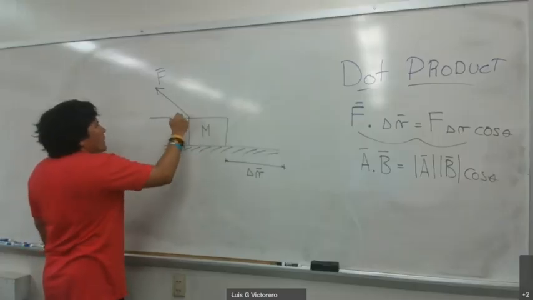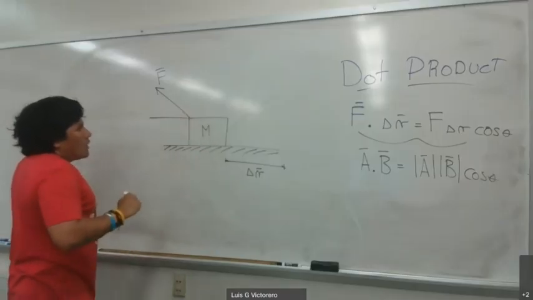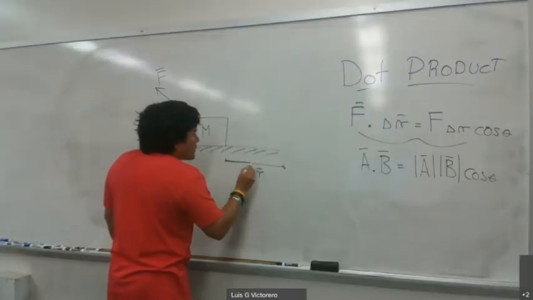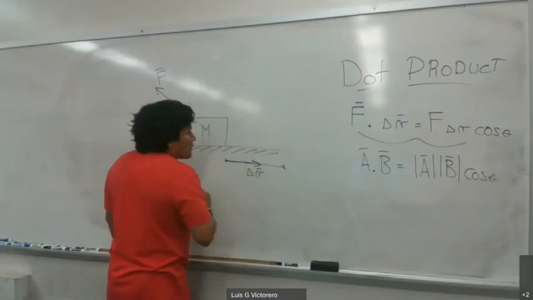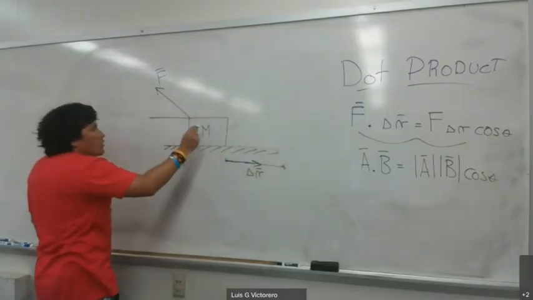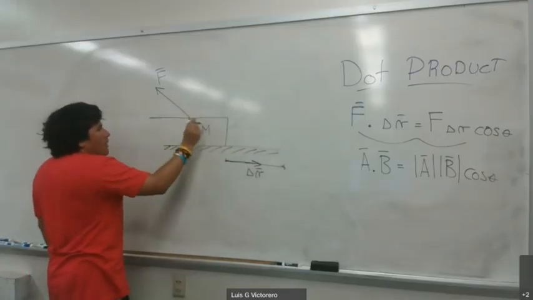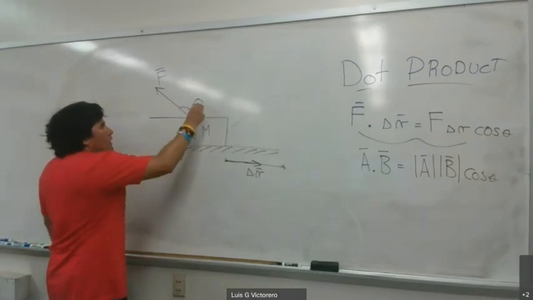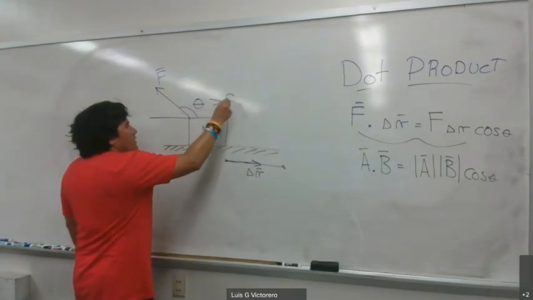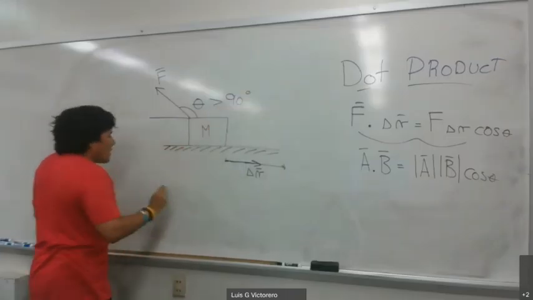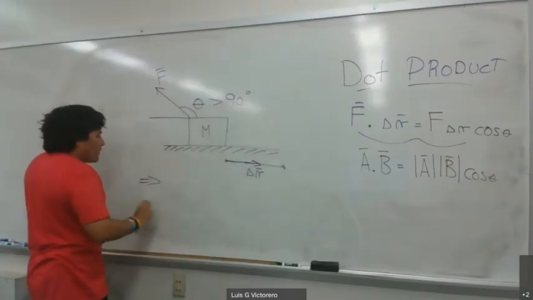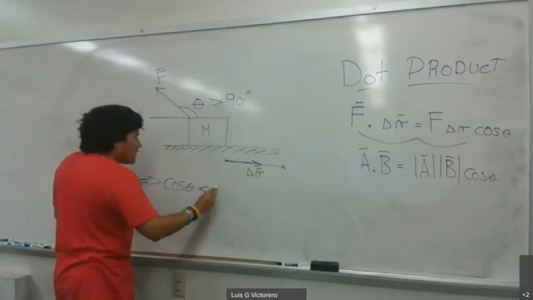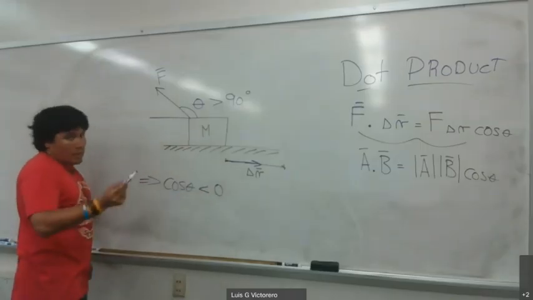Now you may be thinking, that's the angle theta. Not really. You are looking at the angle between the displacement and the force. So this vector can be placed here, right? So you're looking at this angle. This angle theta is greater than 90 degrees. Therefore, the cosine theta is less than 0. Okay.